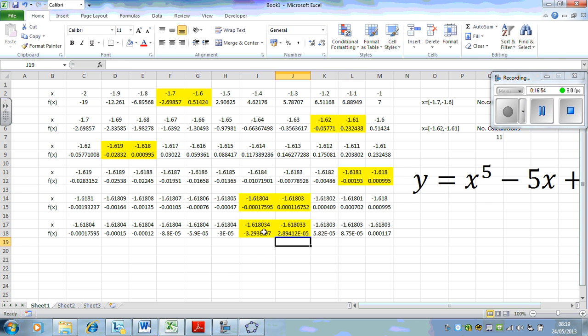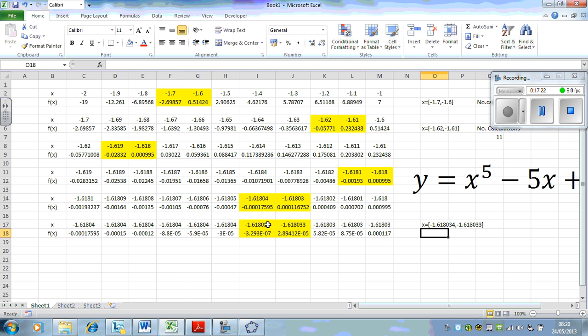We've got our accuracy down to 5 significant figures. Now, we could go on forever and ever, and it's never going to be 100% accurate. But if you look here, we know the root is in between minus 1.618034 and minus 1.618033.